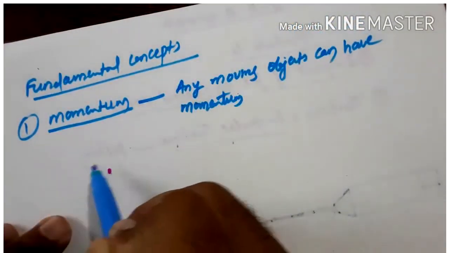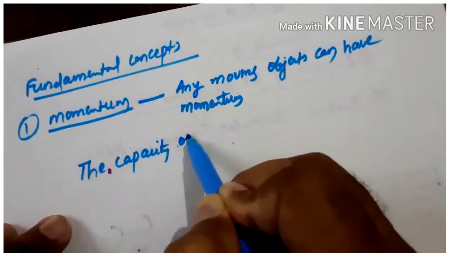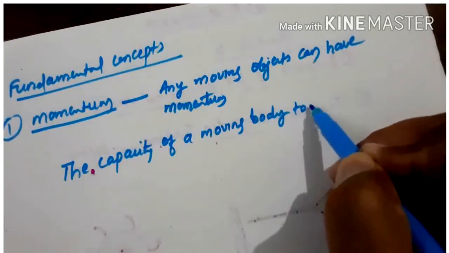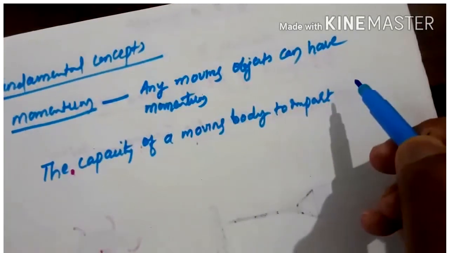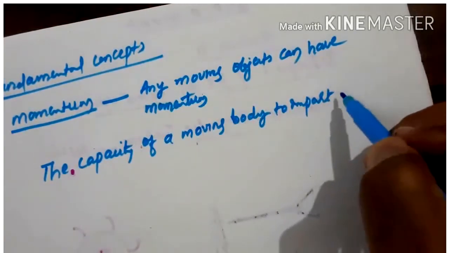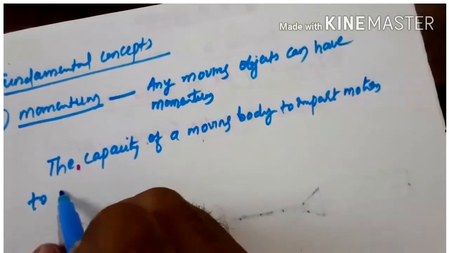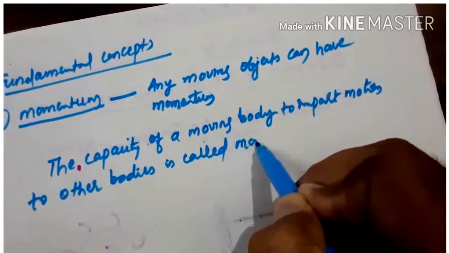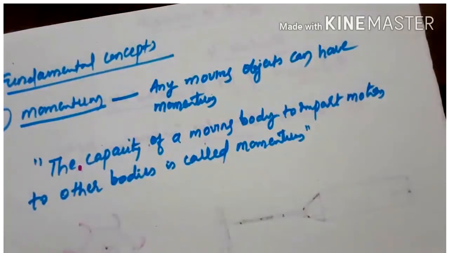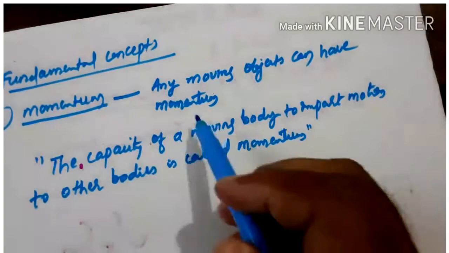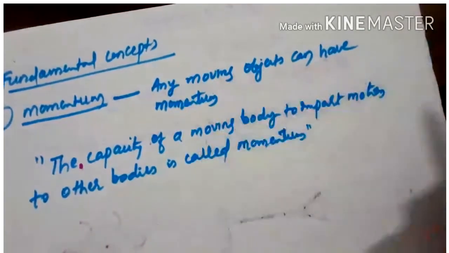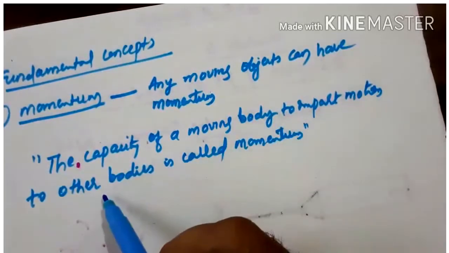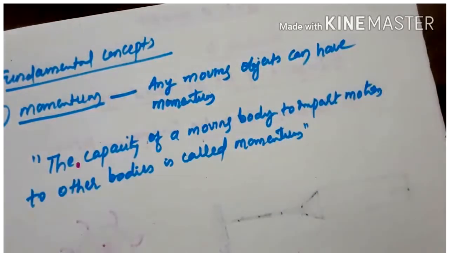The capacity of a moving body to impart a motion to other bodies is called momentum. This is the definition of momentum. That is, the capacity of a moving body to impart a motion to other bodies is called momentum.